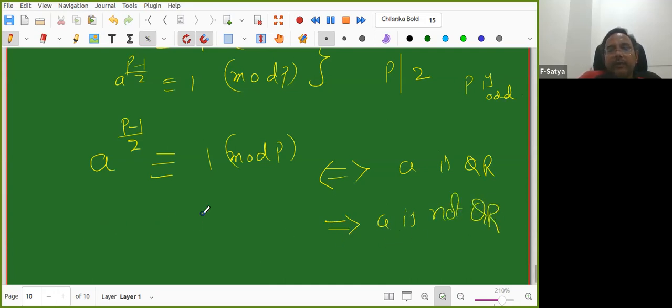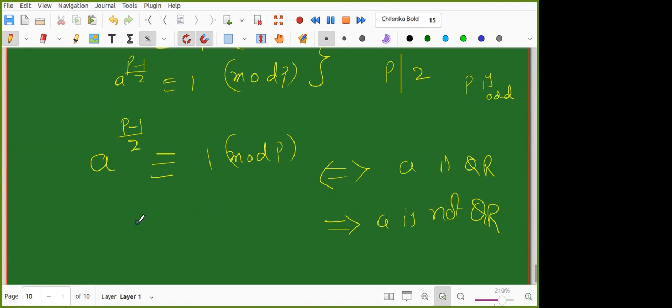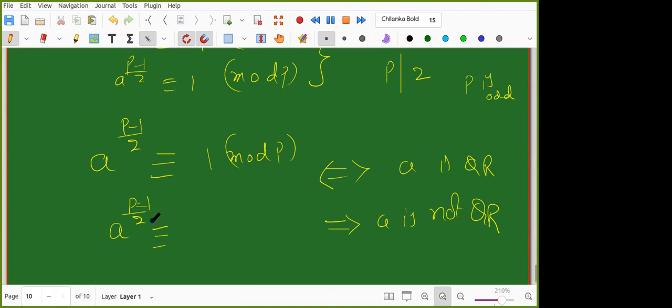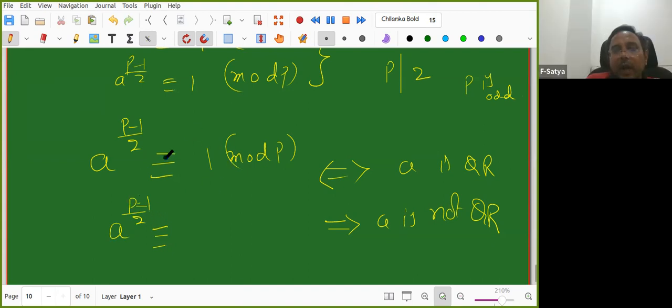Then what happens? a power (p minus 1)/2 is not 1. That much I know. If it is not 1, the only other possibility is minus 1. Please try to understand why I'm making that much. a power (p minus 1)/2 not 1 does not by itself imply minus 1, but here we proved it is 1 or minus 1.